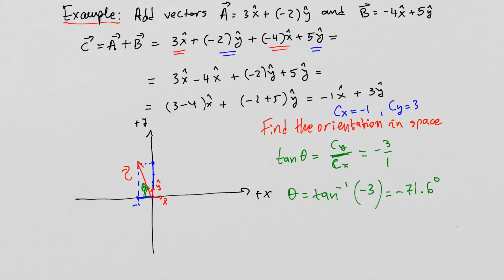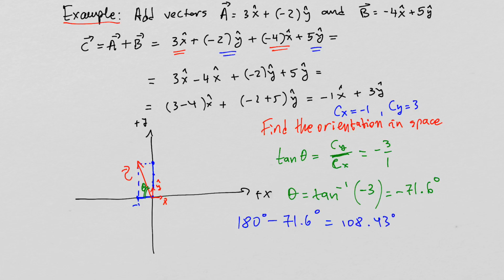So that is this angle right here. If you wanted to measure the angle from the positive x-axis, then what you would do is take 180 and add this angle to it, so that means minus 71.6 degrees. And then you are going to get that this is 108.43 degrees.